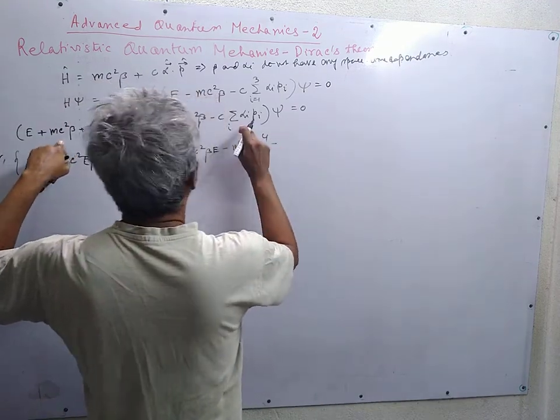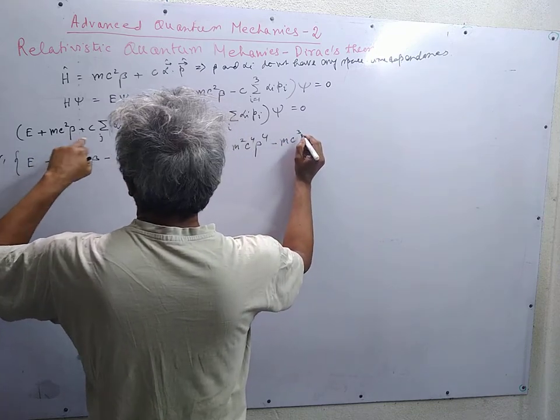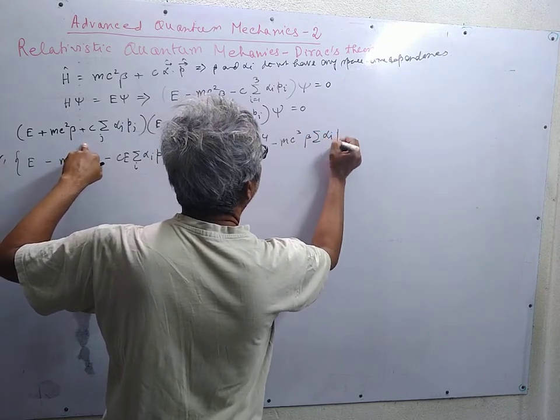Then we have this term mc cube beta summation over alpha i p i.